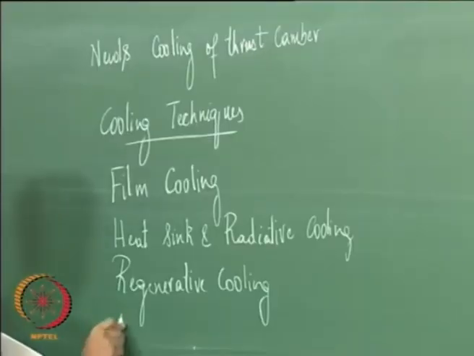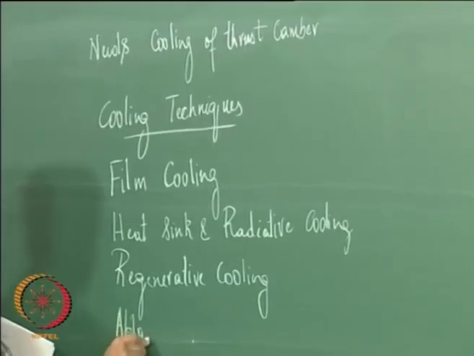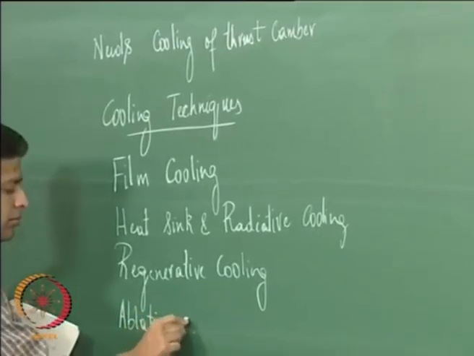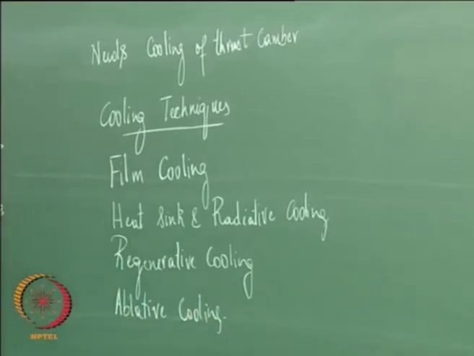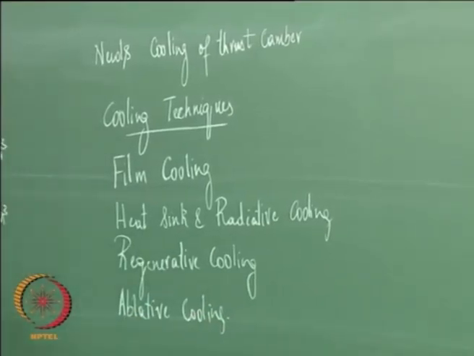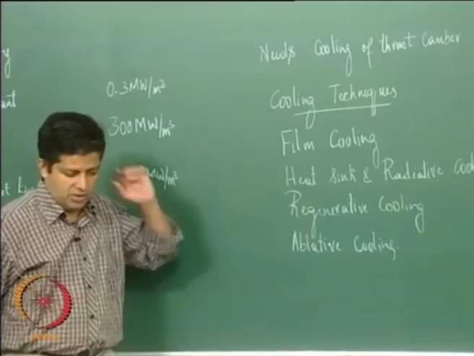And lastly, ablative cooling. These are the 4 techniques that are used in all kinds of rocket motors in order to cool the system.